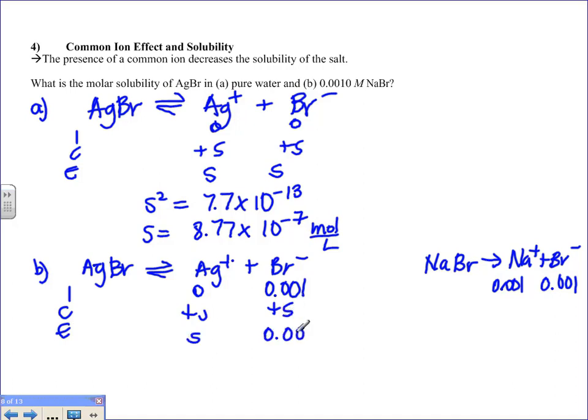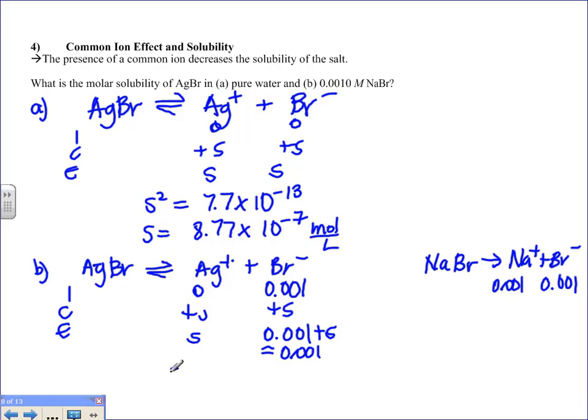If you think about it in terms of Le Chatelier's principle, this Br minus is going to hinder the solubility of the AgBr. Now, because the Ksp value is 7.7 times 10 to the negative 13, we can make the assumption here that this is really just the same as 0.001.